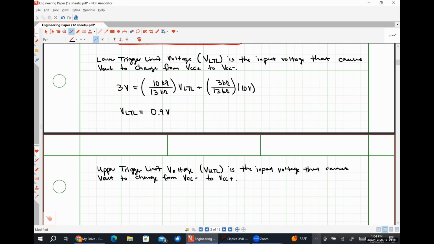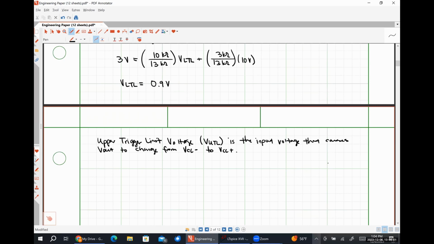We're going to use the exact same equation as before, but we're going to put in the UTL and the correct value for VCC minus and see that we're going to get a different voltage, which will be our upper trigger limit, right?